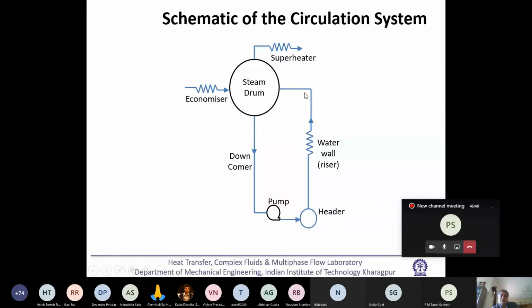Water is moving through the pipe, and partially, at best 20% of the water which is flowing will get converted into steam. So continuously this is circulating. Continuously from the economizer, liquid water is coming, and of what is getting circulated, only 20% is getting converted into steam. That is not a fixed figure; it may change.